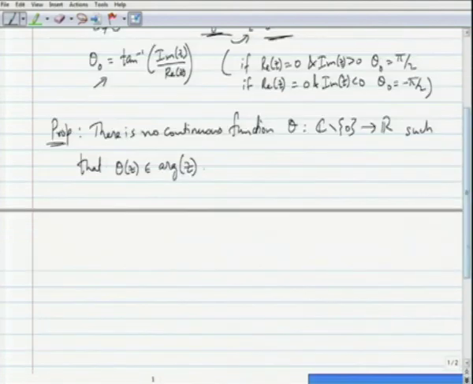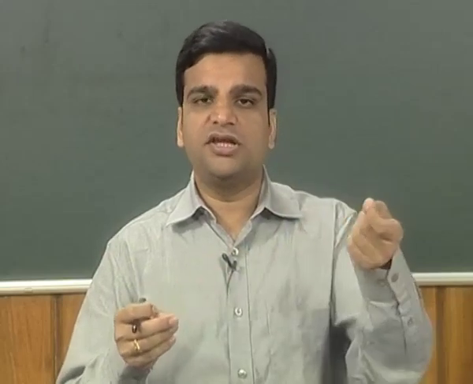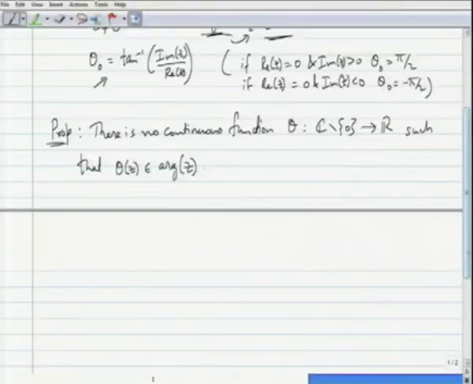So, we cannot pick arguments in a coherent way such that you have a continuous function, and for each z you actually extract the argument from that set theta naught plus 2 n pi. Okay. So, here is a proof.